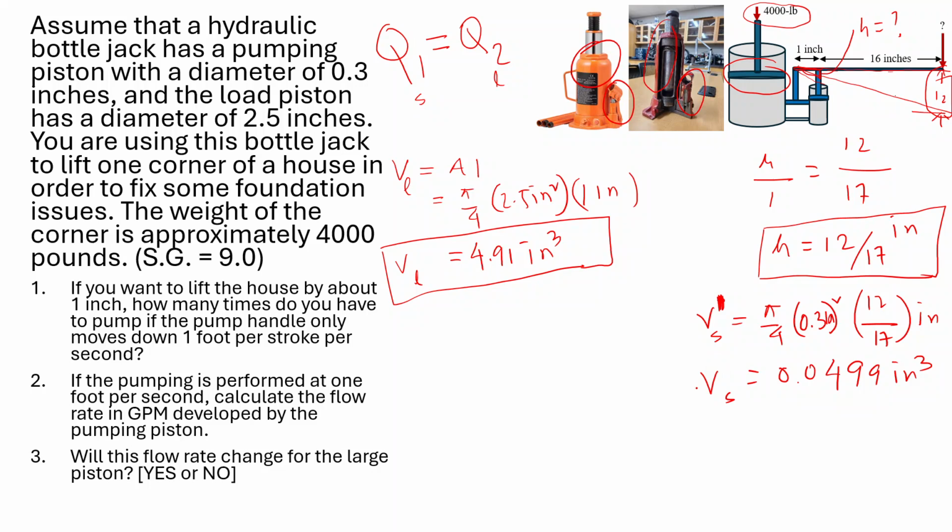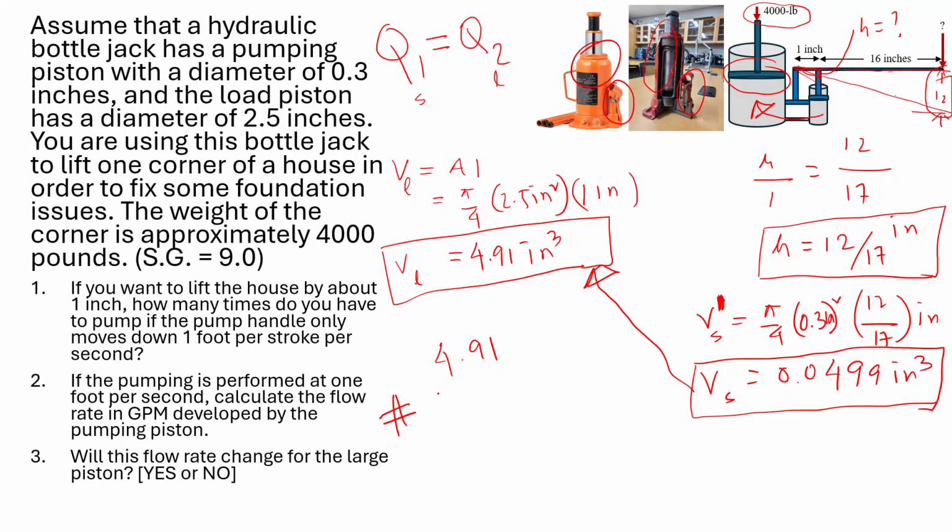So every stroke this much volume is displaced by the small piston, and then the same volume goes into the large piston, but the total volume we needed to pump is this much. Therefore the number of pumpings required would be simply this divided by 0.049, which is approximately 98 pumpings required to move the house up 1 inch using this bottle jack.